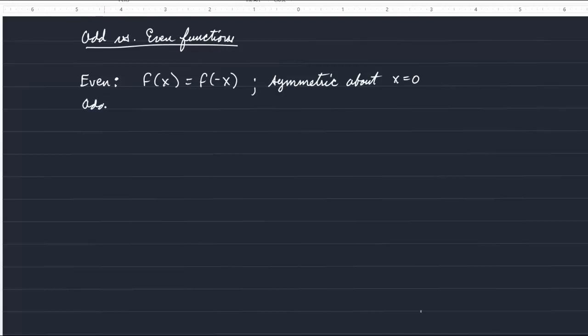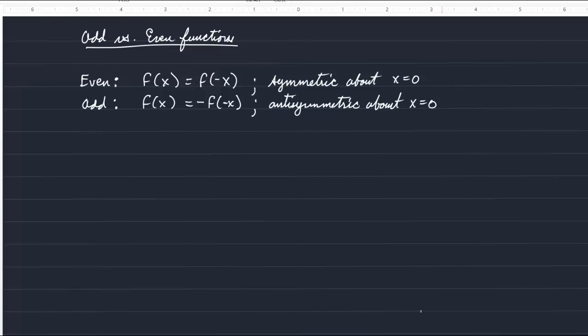An odd function is described by f of x being equal to minus f of minus x. In other words, it's anti-symmetric about x equals 0.